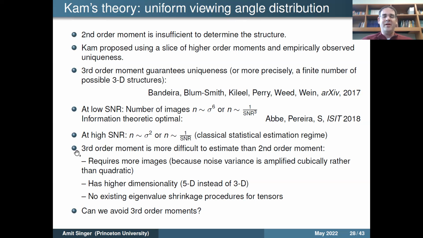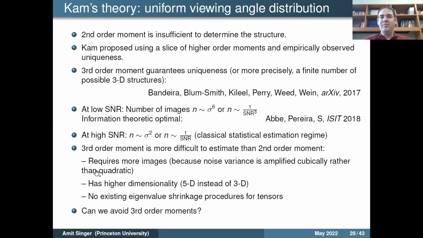Still, it is a bit unpleasant to use third order moments. First of all, they are much more difficult to use in practice, in the sense that to estimate the third order moment accurately, you would need many more images, as sigma to the 6 instead of sigma to the 4.